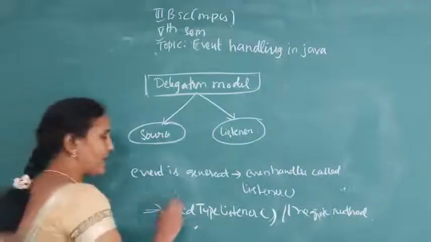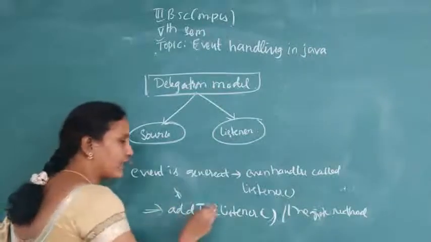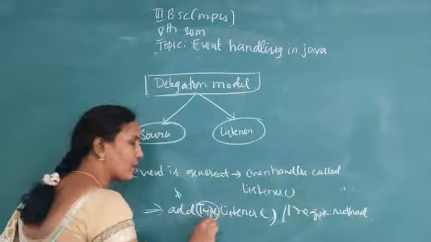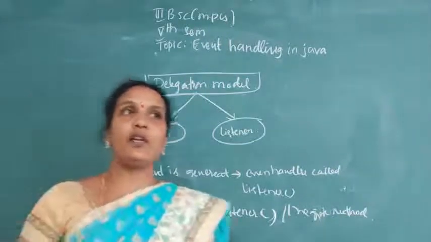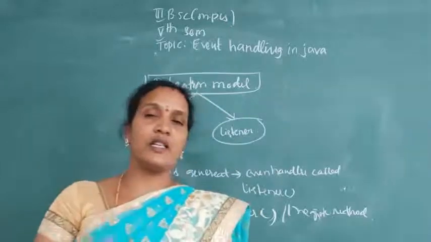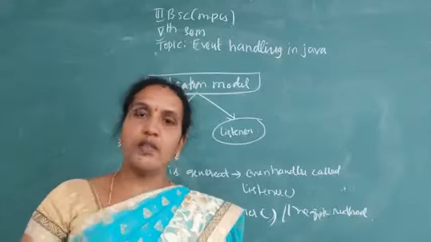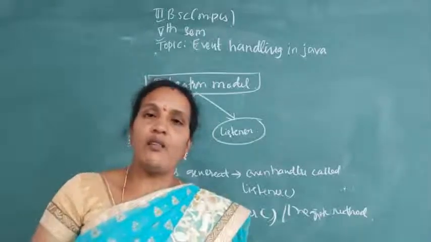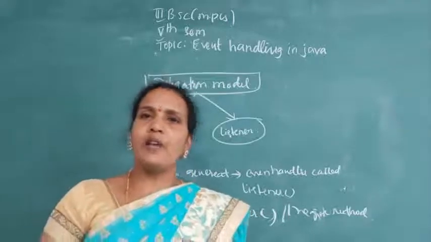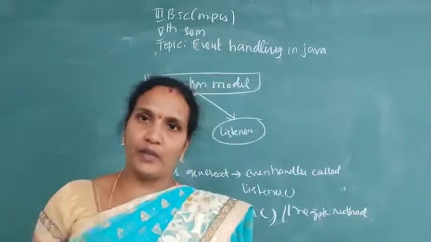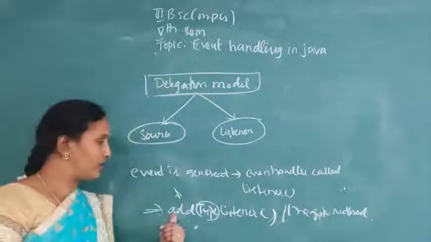Here, add means you should write this keyword as it is. And type means what type of event it is. For example, if you are clicking a button, that is an action event. If you are pressing any key on the keyboard, that is a key event. If you are clicking a mouse button, that is a mouse event. So we have different types of events. What type of event you are performing should be given here.